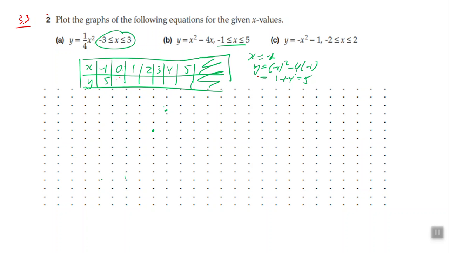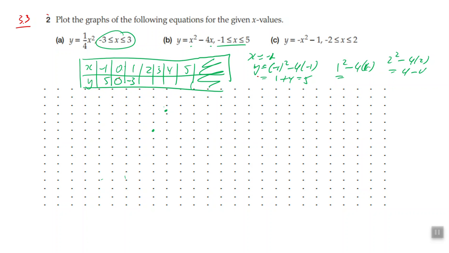When x equals 0, you get 0 because they've both got x's in it. When x equals 1, you get 1 squared minus 4 times 1, which is just 1 minus 4, which is -3. When x is 2, you go 2 squared minus 4 times 2.